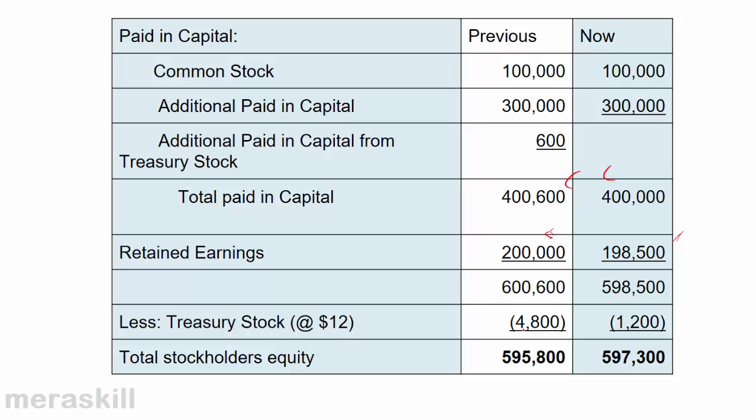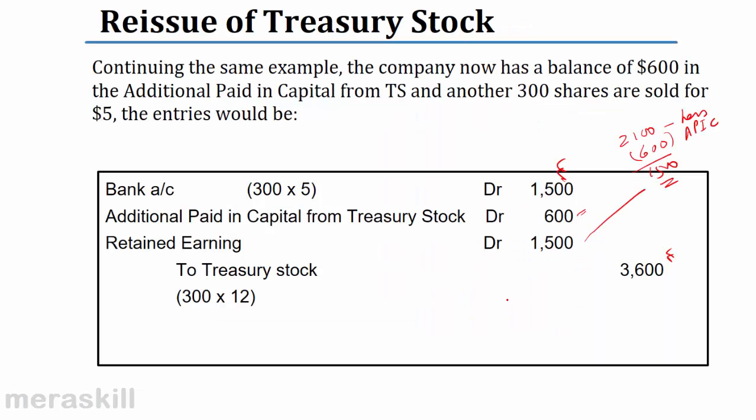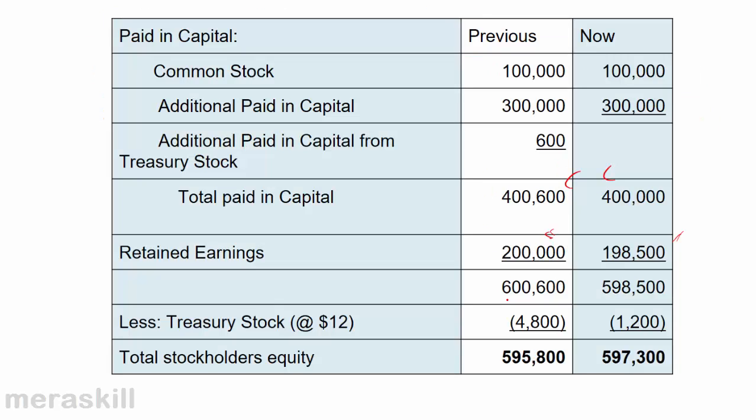Now, did you have 400, students? You had 400 shares. Now how many shares do you have? You will have only 100 shares. This is 100 shares, right? 100 shares into 12. And here you had 400 shares into 12. Because you sold 300 of the shares.